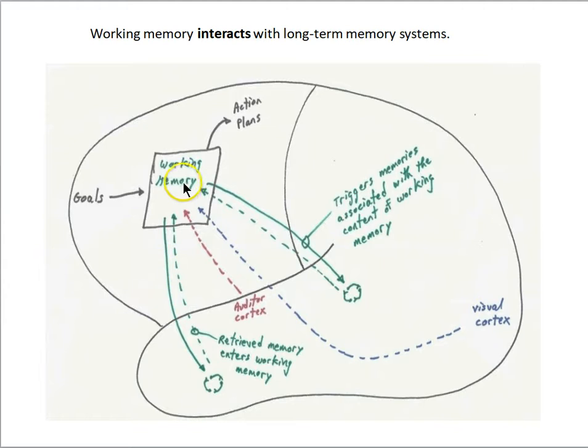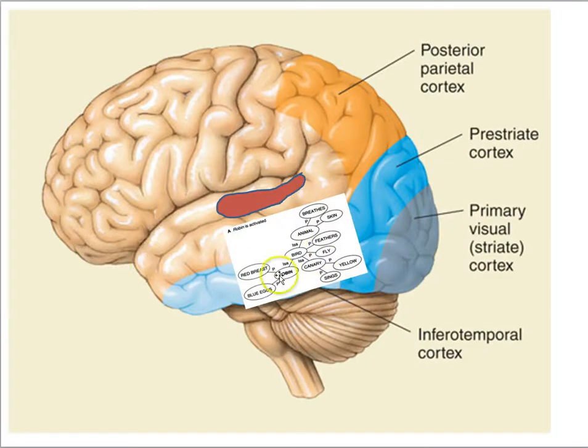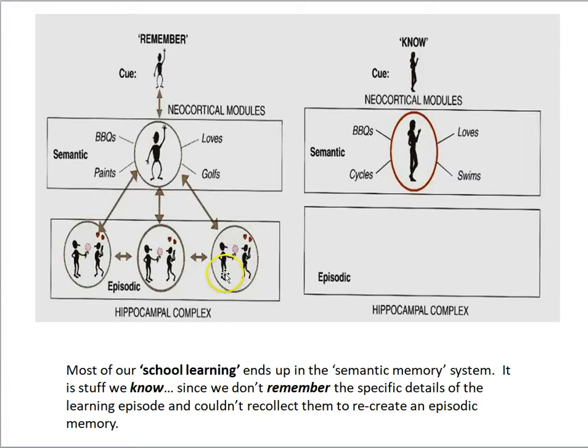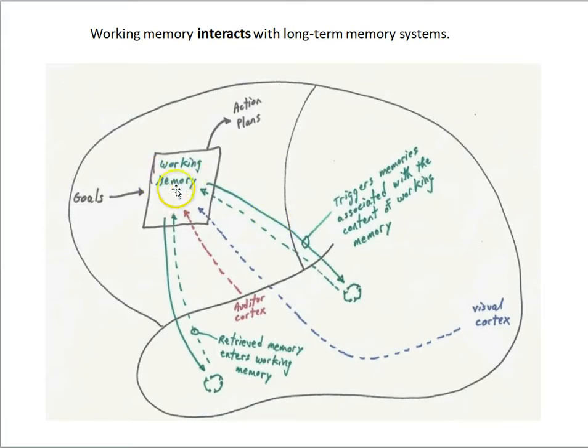So the contents of working memory can trigger the reactivation of information from our semantic memory, but also episodic memory as well. So again, whatever is in the working memory system, it's going to tend to reactivate associated information, whether that be in semantic memory or episodic memory.